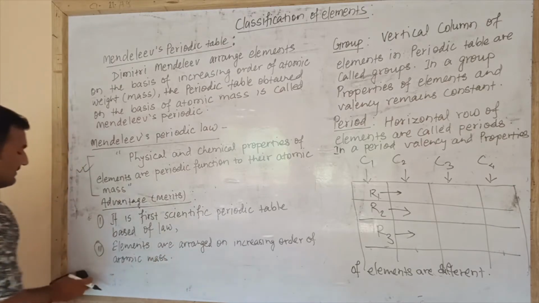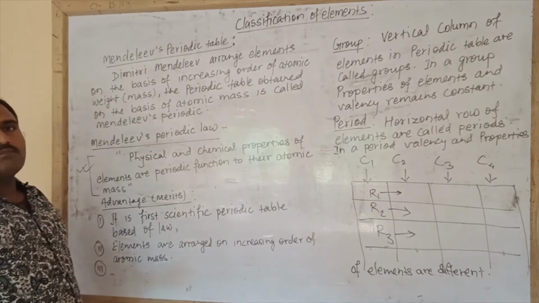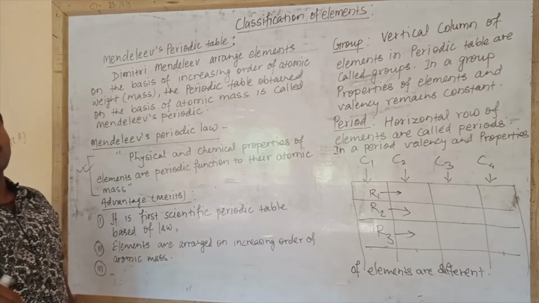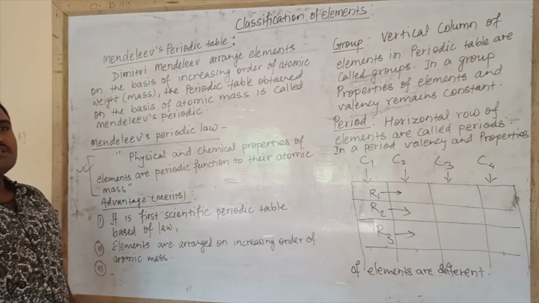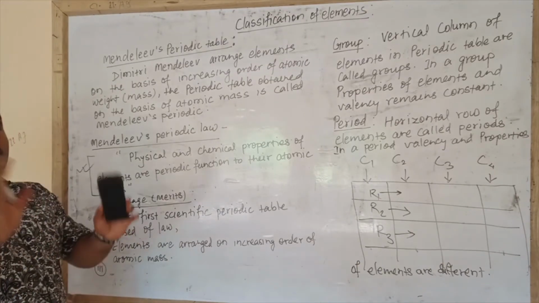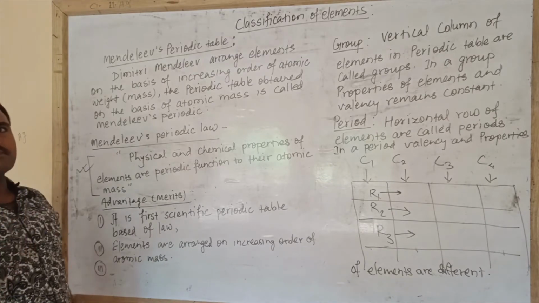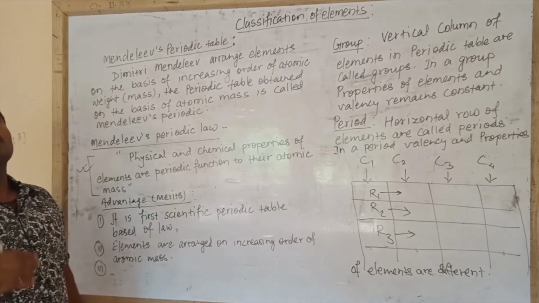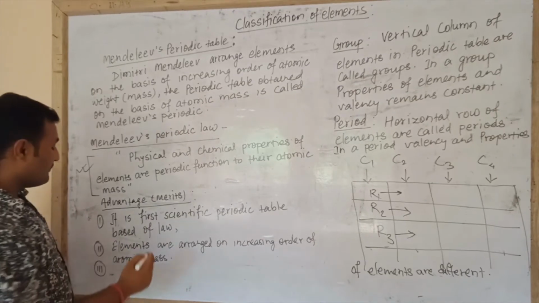In the Mendeleev periodic table, during that time only a few elements were known, around 60, and due to that reason several elements were undiscovered, and proper gaps were given in that periodic table for elements that will be discovered in the near future.